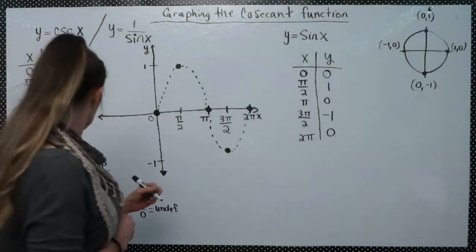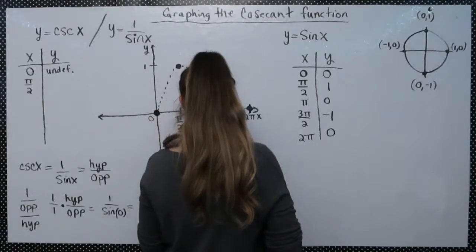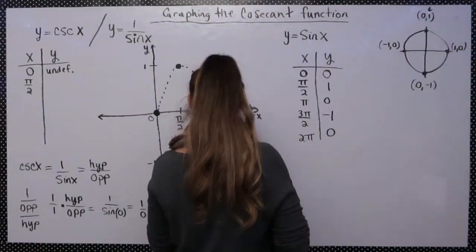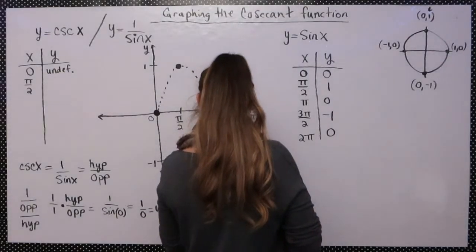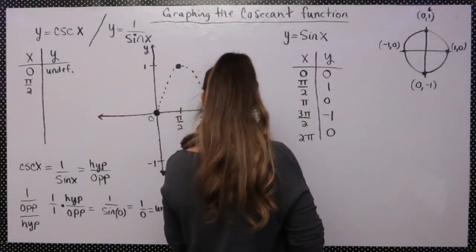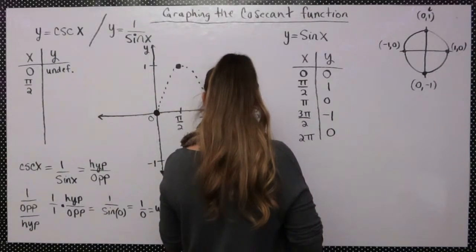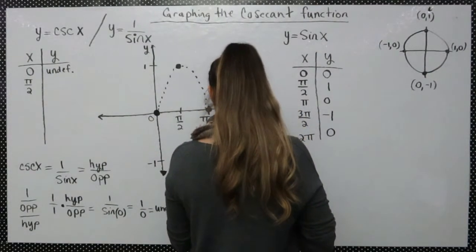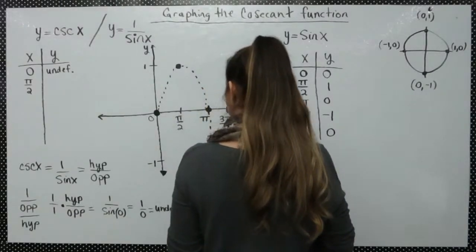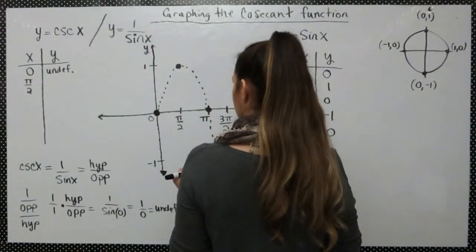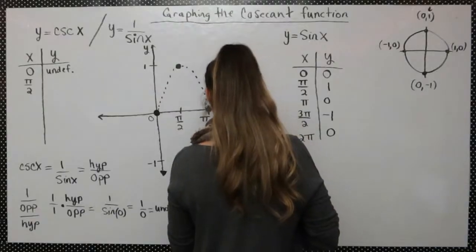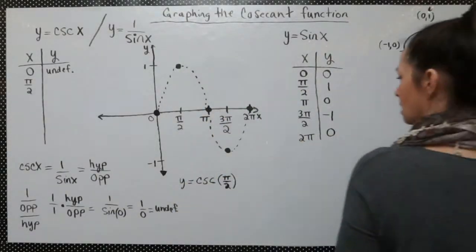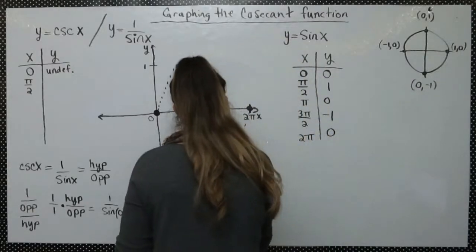So we've got y equals cosecant of pi over 2. What it's doing is taking an angle into its domain and evaluating the angle and returning a value of a side length ratio.